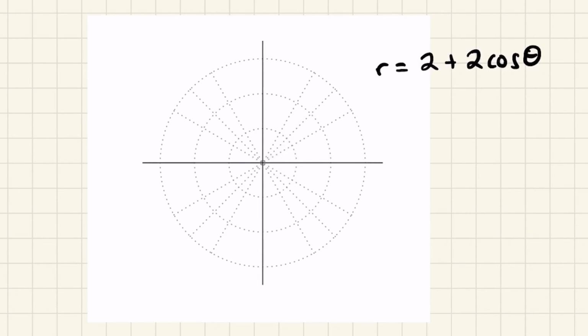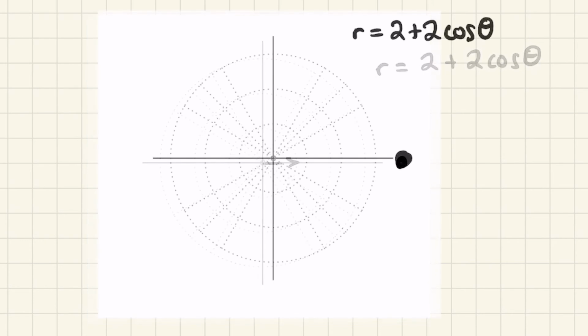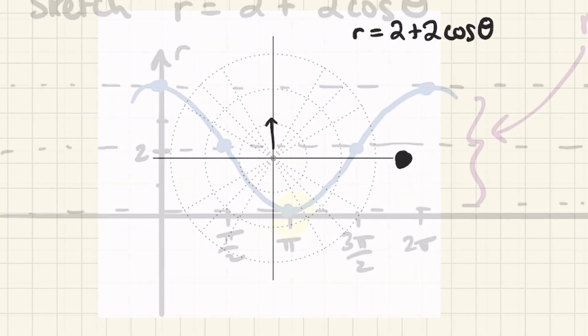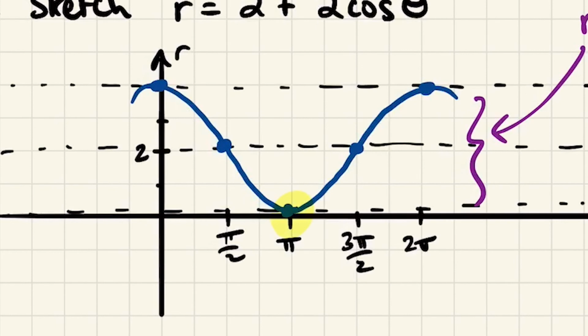So we'll start with theta equal to 0, and we see that r is equal to 4. Okay, and I'm actually going to put that right out here. Now, I'm going to skip ahead to pi over 2, because we can see from our graph above that at theta equal to pi over 2, r is equal to 2 units.